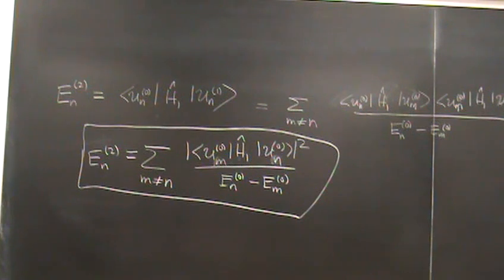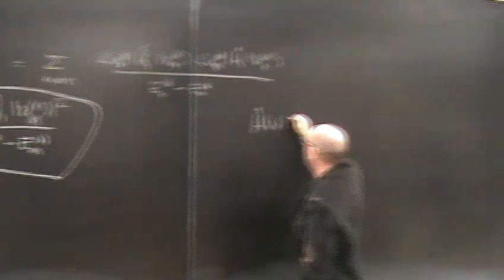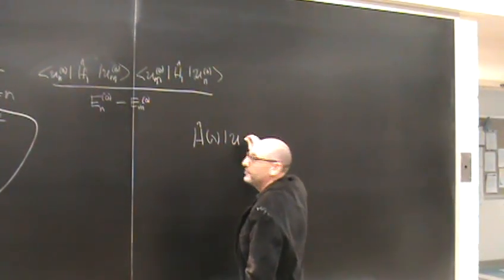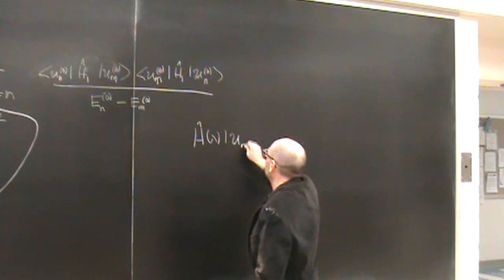Okay, now I just want to emphasize a few points here. If we go back to what we're doing, we've developed a method that is really for how you approximately diagonalize a matrix. If we're thinking about it this way, I have H, I want to find the eigenvalues of a matrix, right?